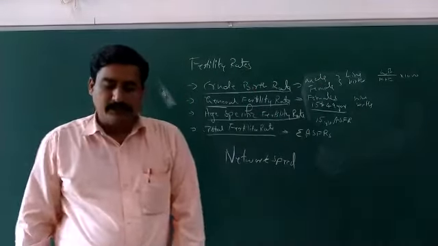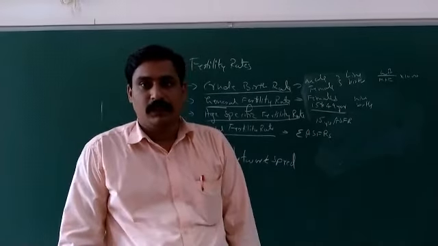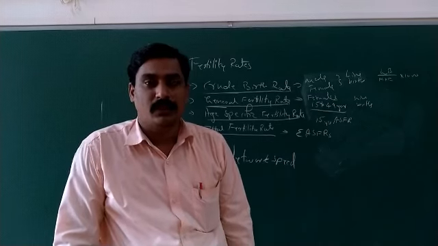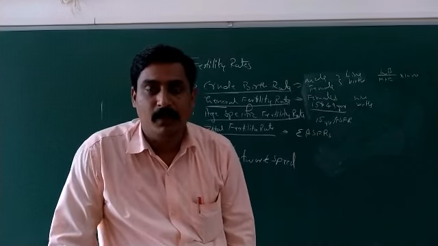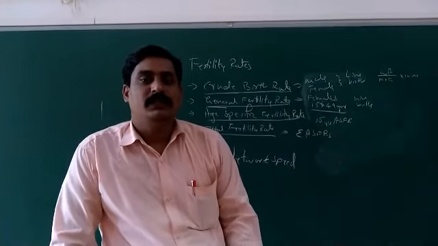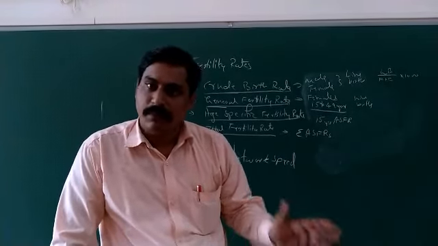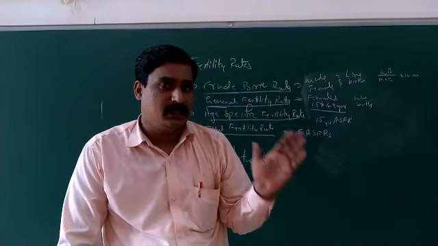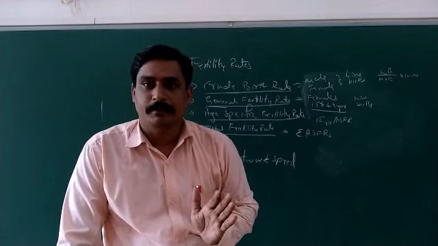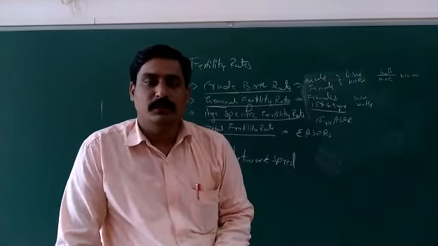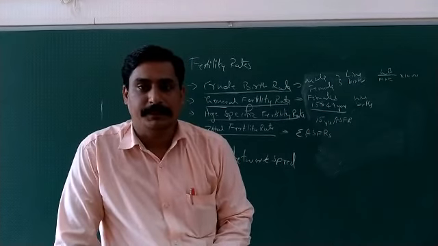One more thing we should remember, live births: the baby which is born alive is taken into account here. If the baby is born after dying in the womb of the mother, it is not taken into account. If the baby is born alive and the next moment it dies, that is also considered a live birth. But if it is born dead in the womb of the mother, that is not considered here.